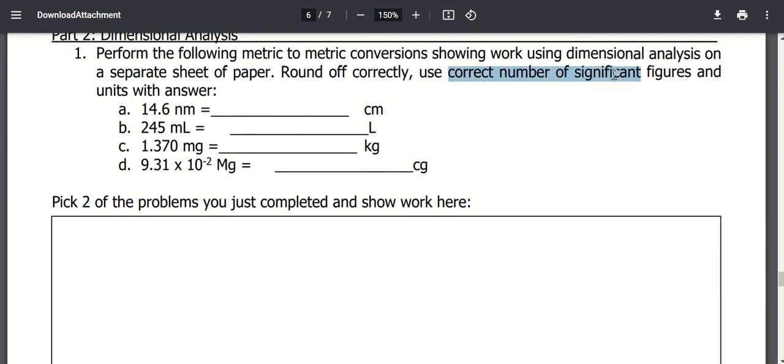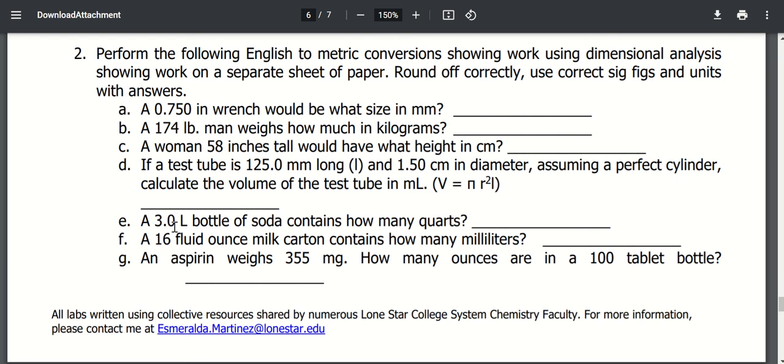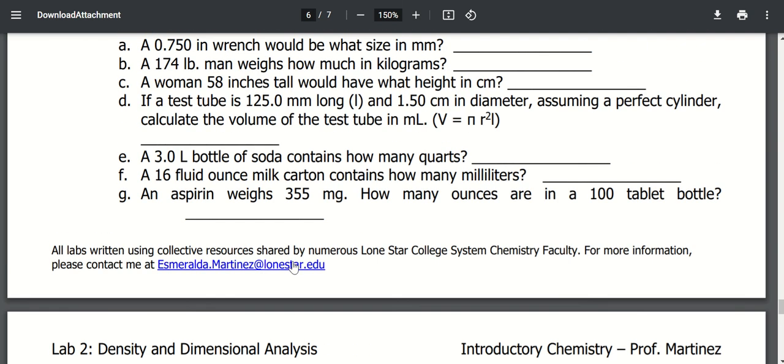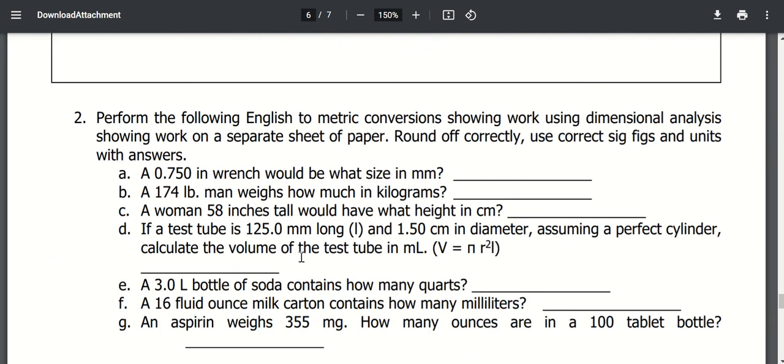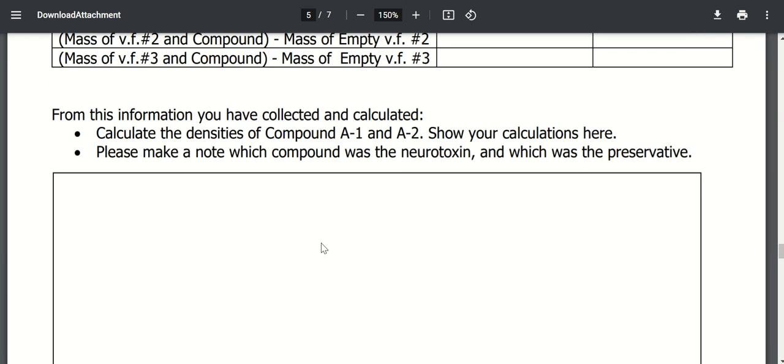Show all sig figs, show all your dimensional analysis, show everything. That's what I want to see, that you work through those. And then number two, again, it's a lot of them, but I only ask you to pick four of the problems. So pick whichever four you want. It's up to you. And then show me that you converted them using dimensional analysis. So that's what I'm looking for in this lab.